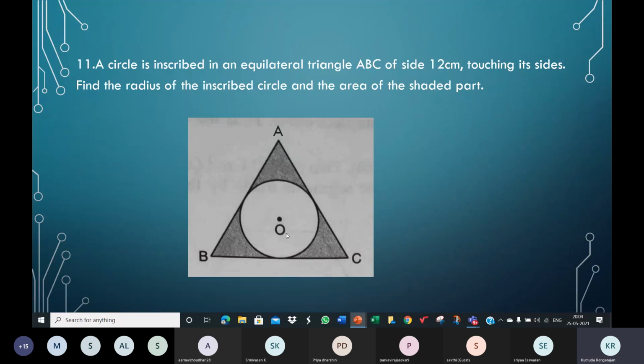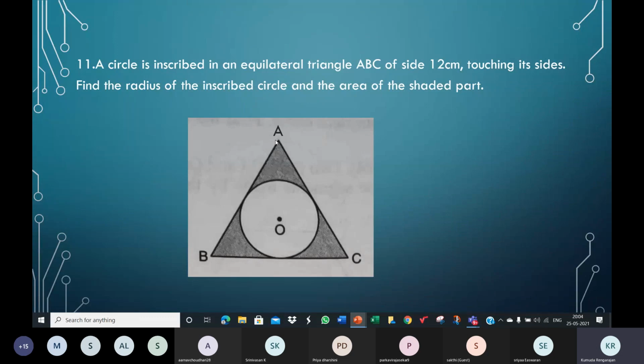Now, write down, children. Area of triangle ABC is equal to area of triangle AOB plus area of triangle BOC plus area of triangle AOC. This is the equation we are writing in words.